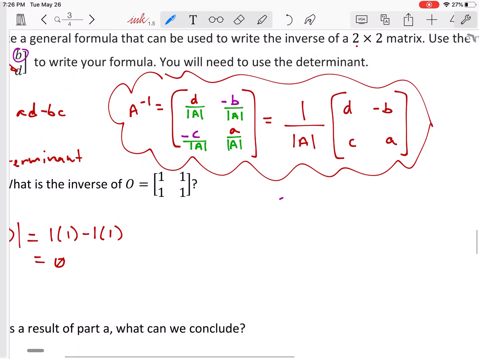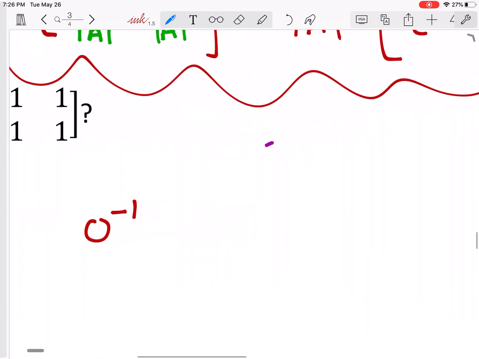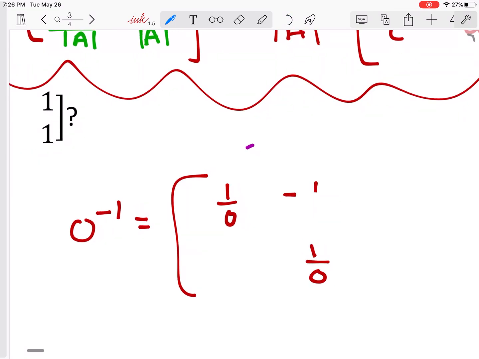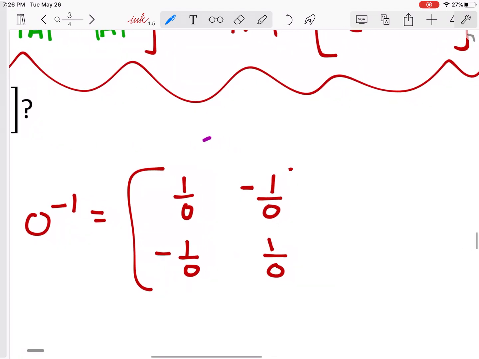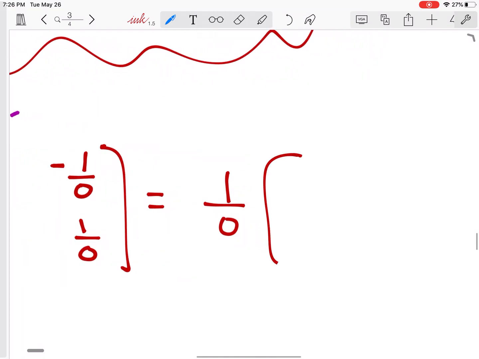If I'm going to use this formula, the inverse of O will equal, switch these two, but they're the same thing, so 1 over 0, the determinant, 1 over 0. And then both of the anti-diagonal terms become negative, -1 divided by 0, -1 divided by 0. Or you could have just written this as 1 over 0 times 1, -1, -1, 1.